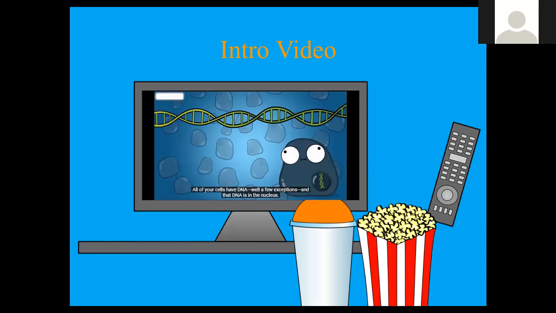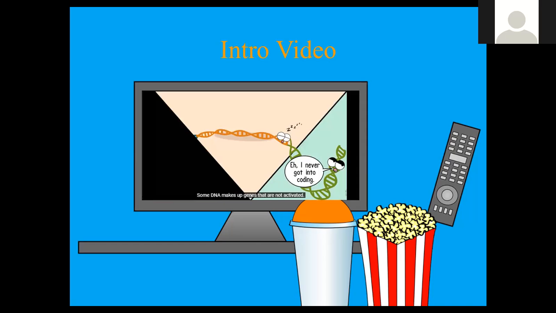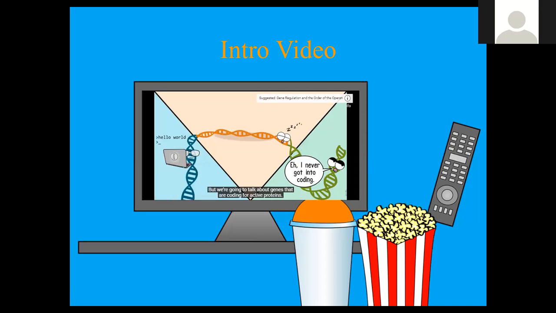All of your cells have DNA, well, a few exceptions, and that DNA is in the nucleus. Some DNA is non-coding DNA. Some DNA makes up genes that are not activated. More about that in our gene regulation video, but we're going to talk about genes that are coding for active proteins.